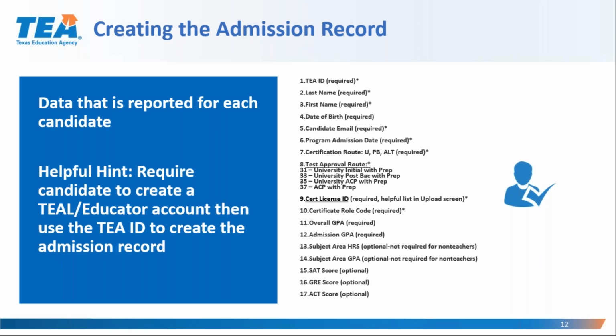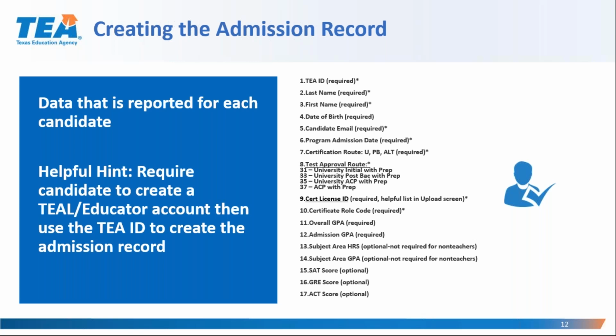You will also be asked to identify the candidate's test approval route, which would either be university-based undergraduate, postbac, or alternative with prep, or simply alternative with prep if your organization is not a university.